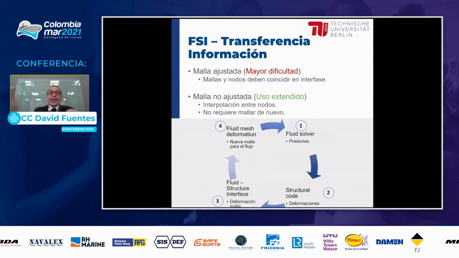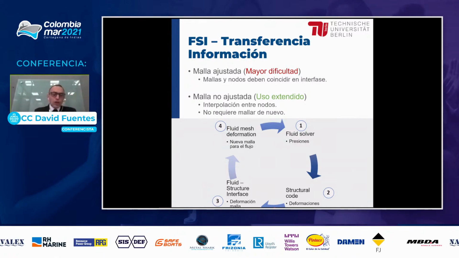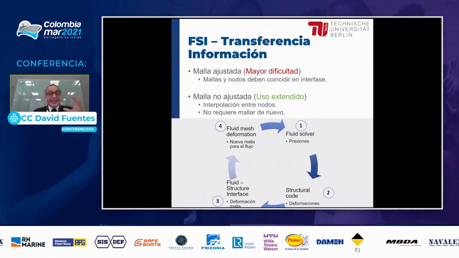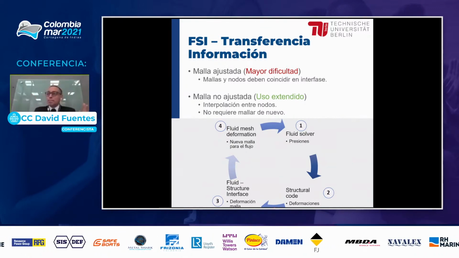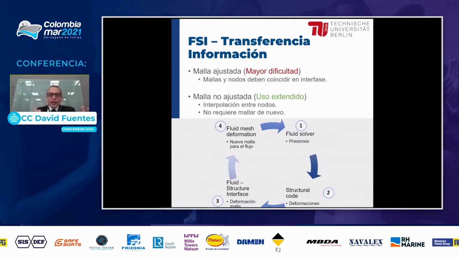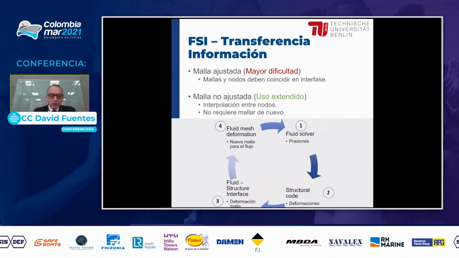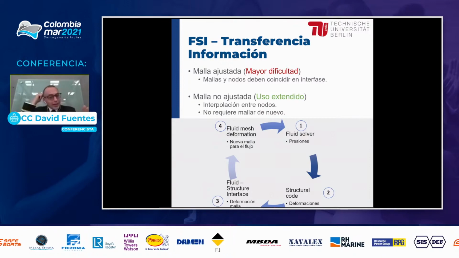I mentioned each meshing is designed for each code. It's optimized to get the information required regarding the fluid component. And in the structural component, we have a mesh that has a different setup because the requirements and needs for each software are different.